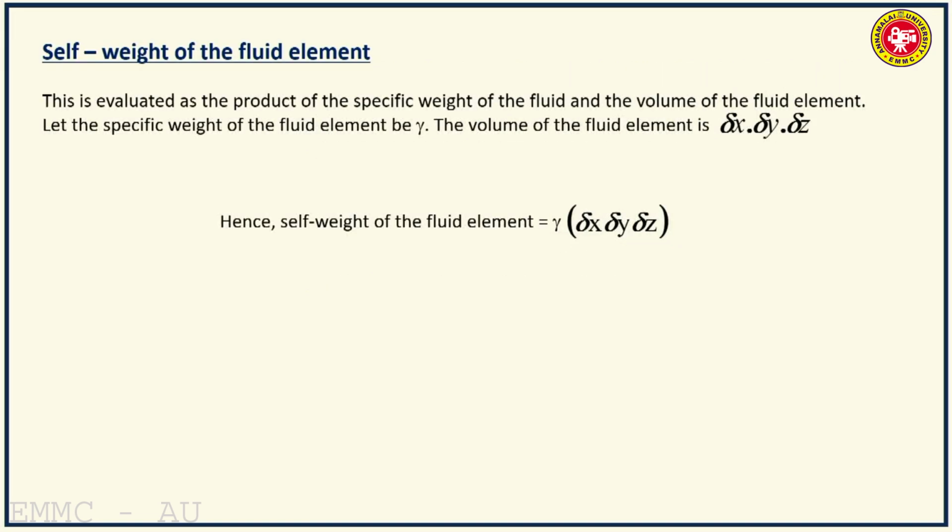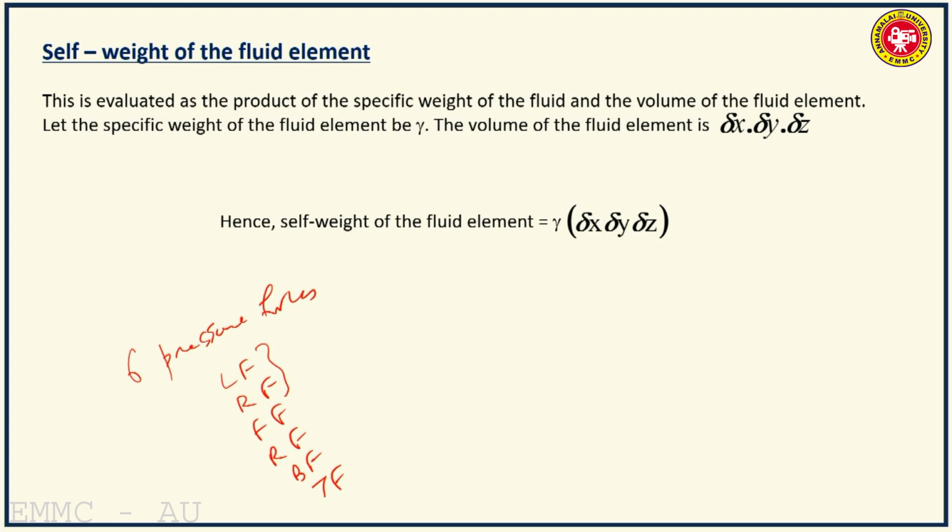Then in addition, we have got the seventh force. So we have got 6 pressure forces on the fluid element, all normal to the faces: left face, right face, front face, rear face, bottom face and top face.